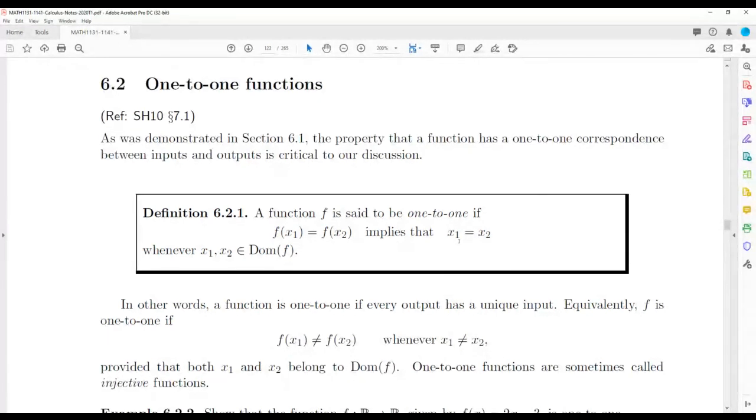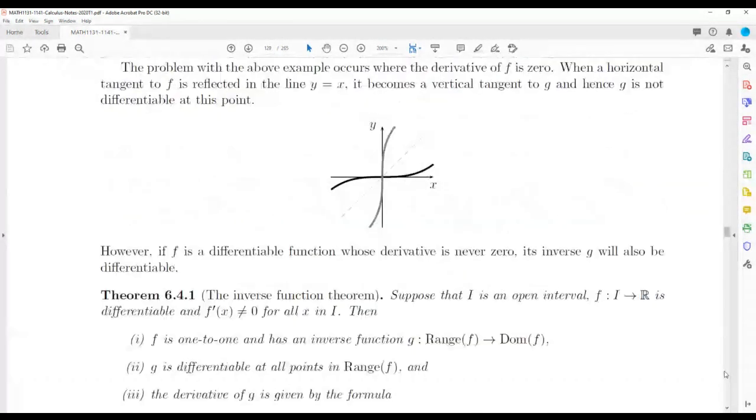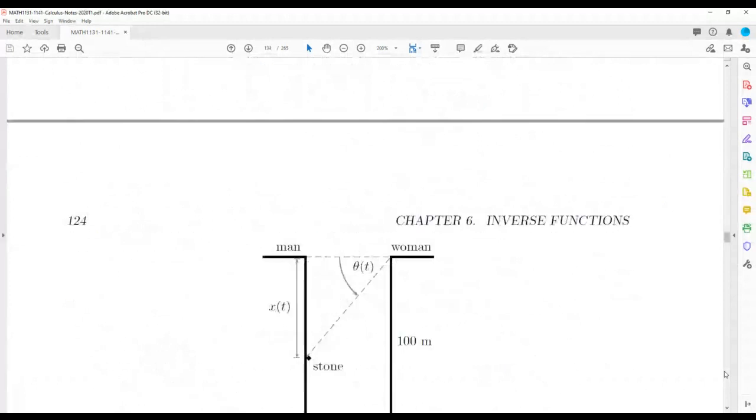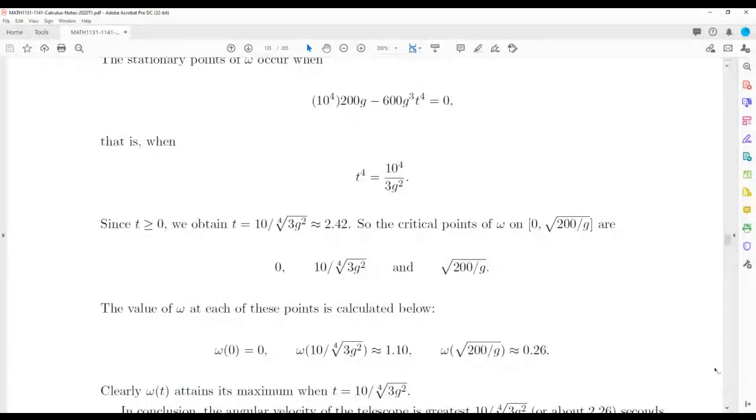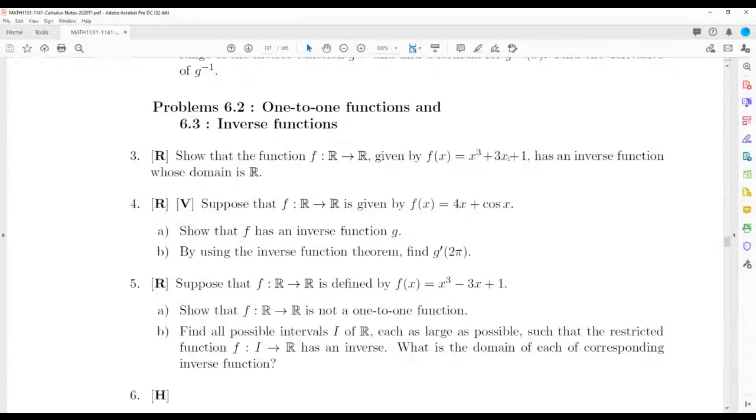You just draw horizontal lines, and you know a function's one-to-one if those horizontal lines touch at most once. Okay, so back to the questions. All right, so here we are. Right, question 3. Show that this function has an inverse function whose domain is the whole of the real line.